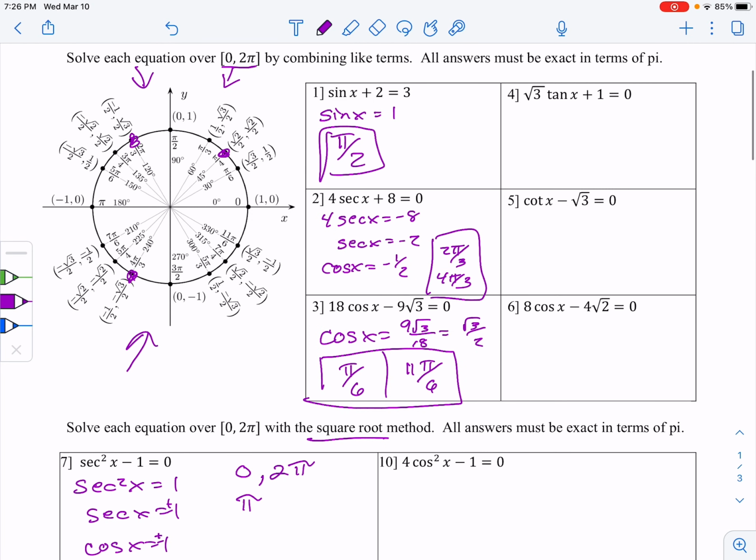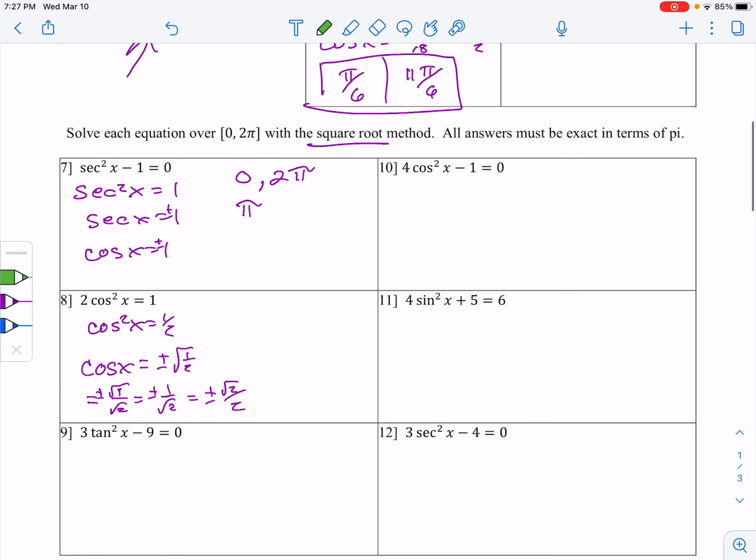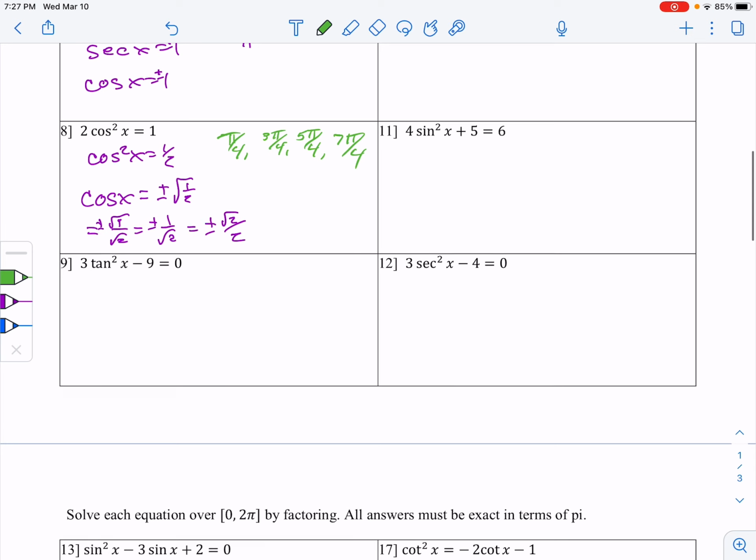So it's here, here, here, here. But you'd list all 4. So pi over 4, 3 pi over 4, 5 pi over 4, and 7 pi over 4. You need them all. So don't forget your plus or minus.